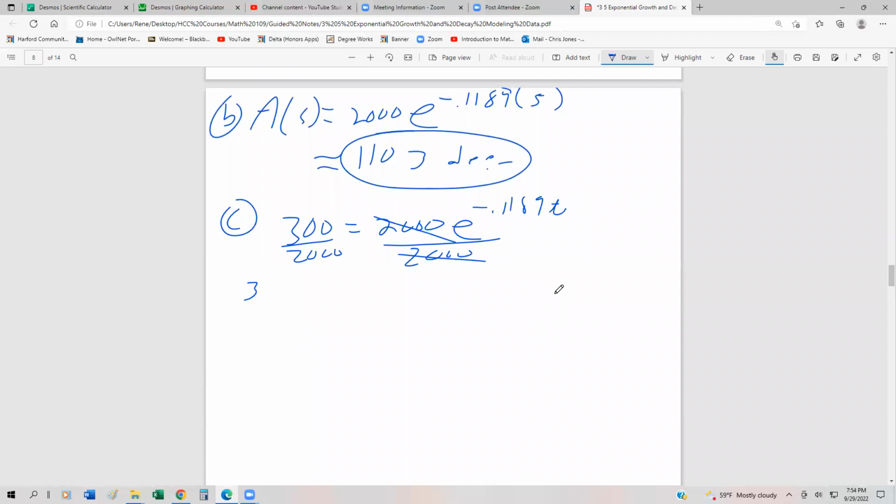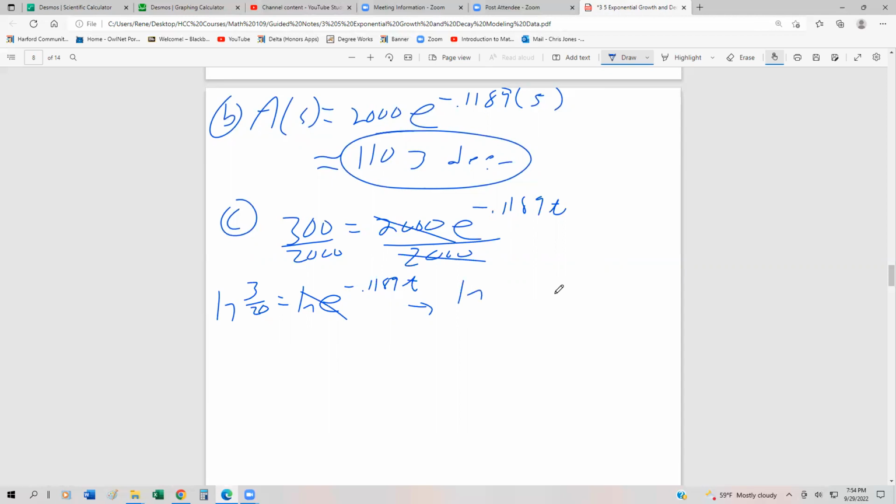So we have 3 over 20 equal to e to the negative 0.1189t. Let's take the natural log of both sides. ln's and e's cancel each other out. And we would divide by negative 0.1189 to solve for t.